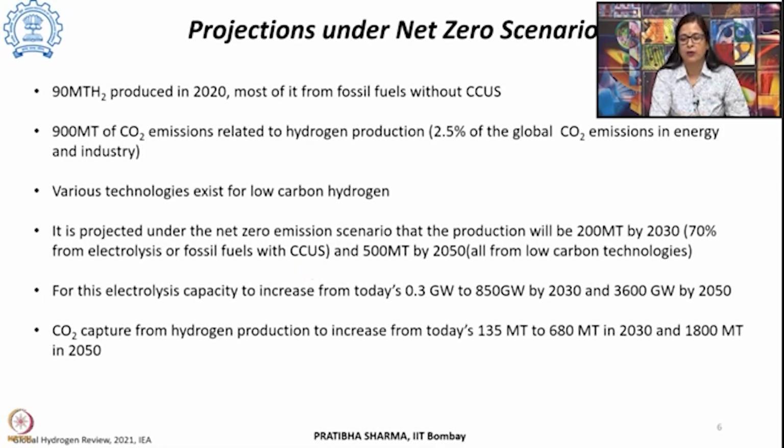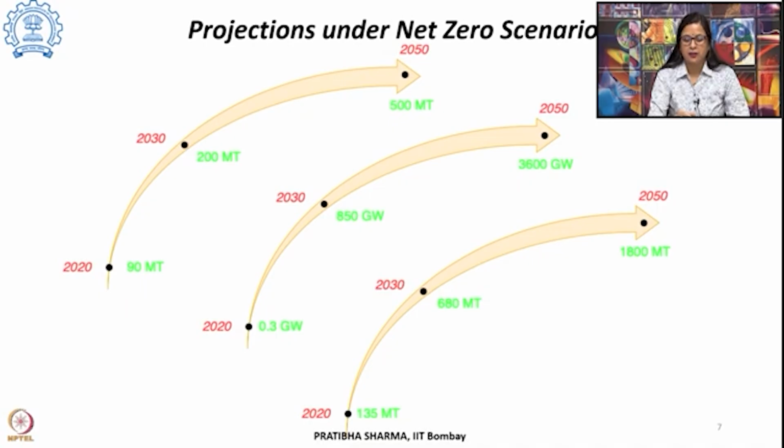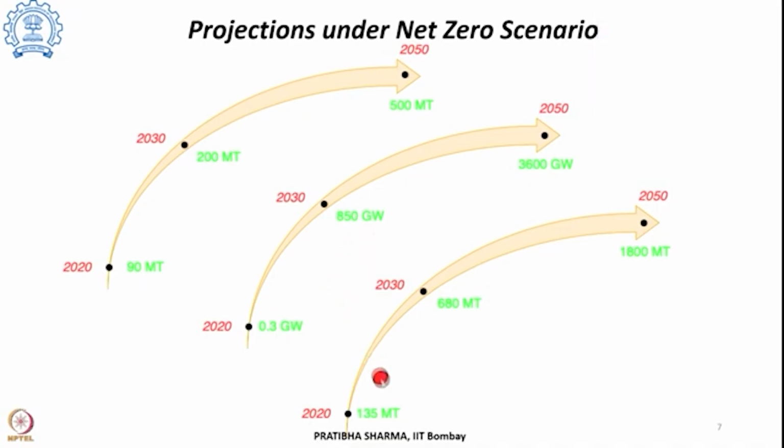The remaining will come from plants which are not integrated with CCUS. By 2050 this number will grow to 500 million tons, and all of this 500 million tons is expected to come from low carbon technologies.